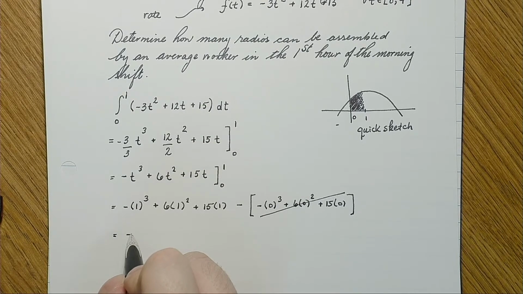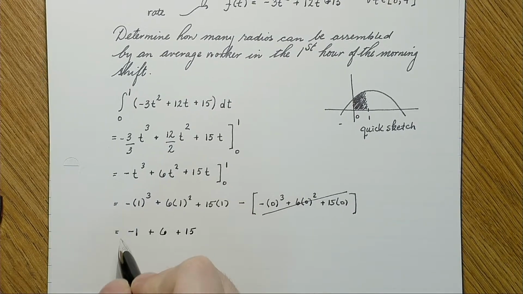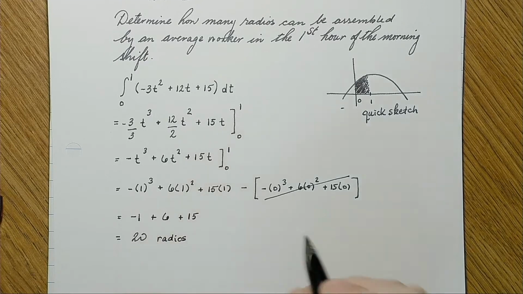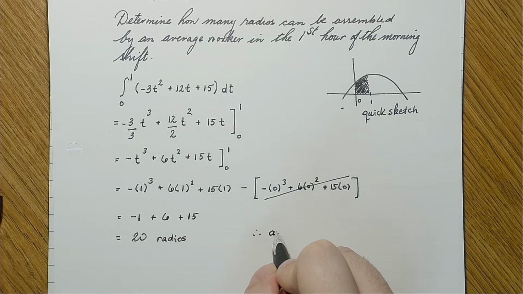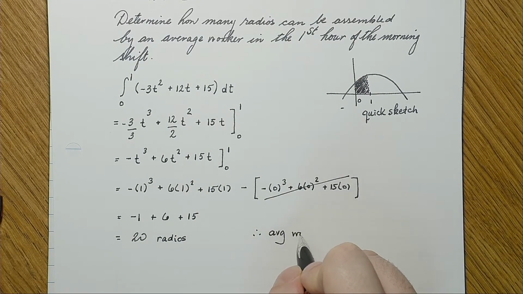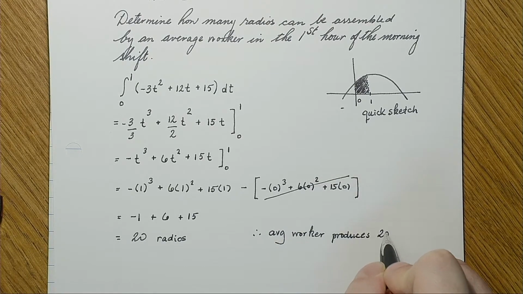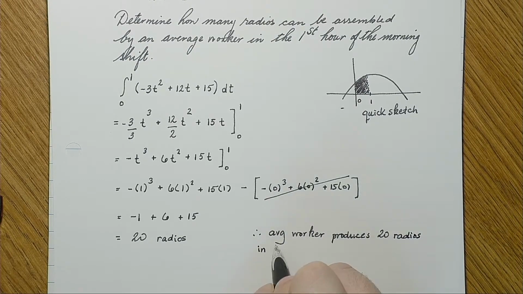I'm left with minus 1 plus 6 plus 15, and that equals 20 radios. So the average worker produces 20 radios in the first hour of their shift, of the morning shift.